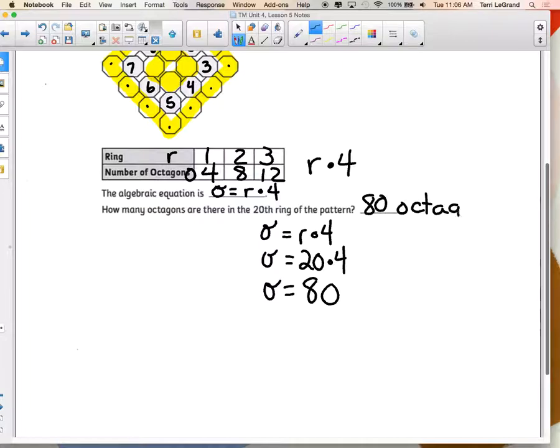And spelled correctly, it's right there for you. Don't be lazy. Octagon. And octagons are hard to draw, I think, so thank goodness we don't have to draw 80 octagons. Okay. So, being able to write expressions and equations for patterns continues to lead us into being able to do algebra. Okay, if you're done with your highlighters, let's have those.